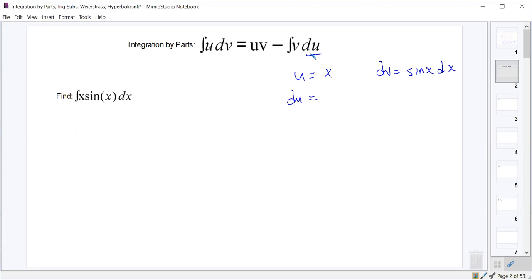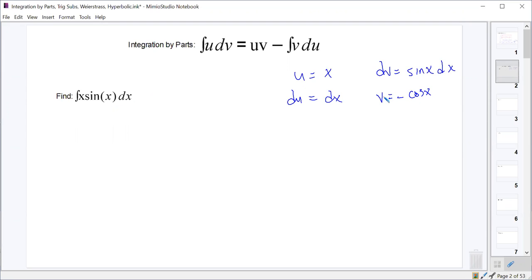Because we're going to need to put a du in. 1 dx. Yeah. And what is v equal to? Negative cosine x. Yeah, the integral of sine x is negative cosine x. So v is just negative cosine x.